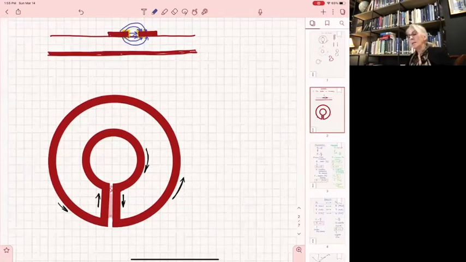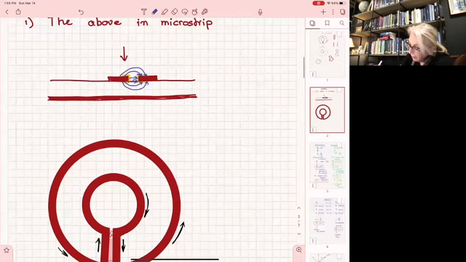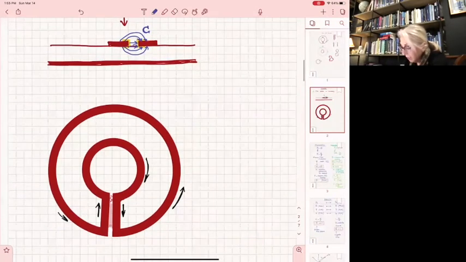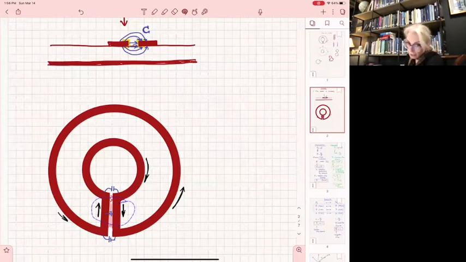Even if the charges move fast, they will see each other because it's so close, and this will create a capacitive effect. As the charges move through this area, they will slow down because they're going to charge this capacitor, and then they're going to be released.